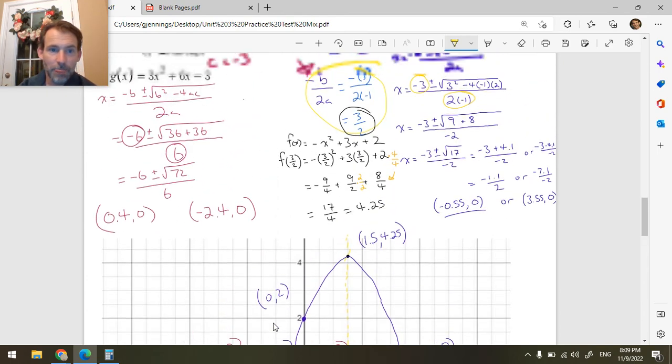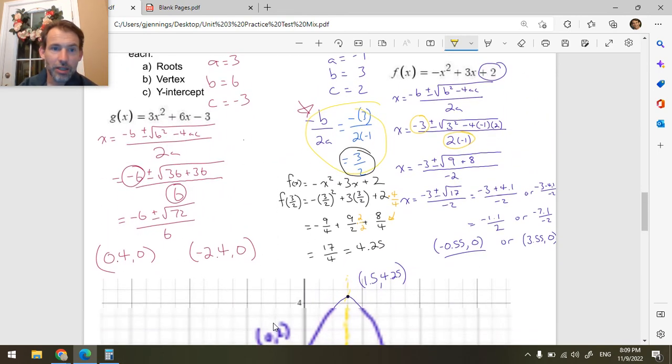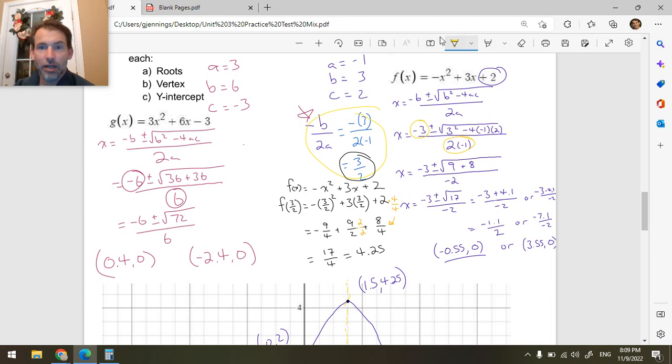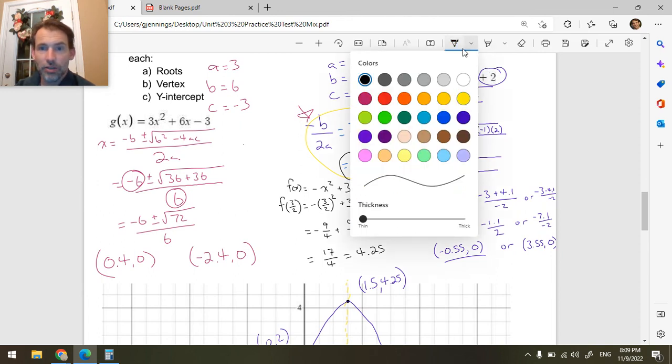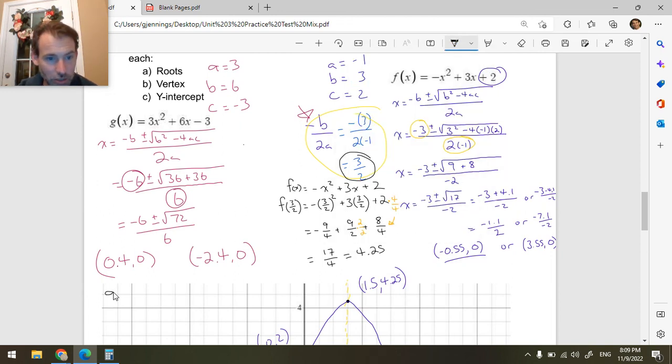And let's find this vertex. So to find the vertex, I just need to input -1 in there. So let's use black, like I was doing before. g of x is equal to 3x squared plus 6x minus 3.